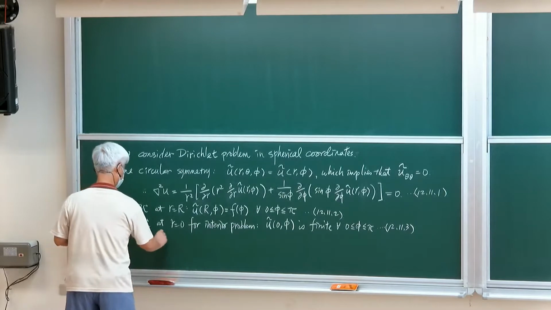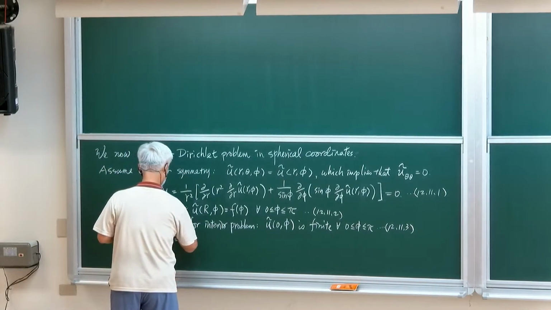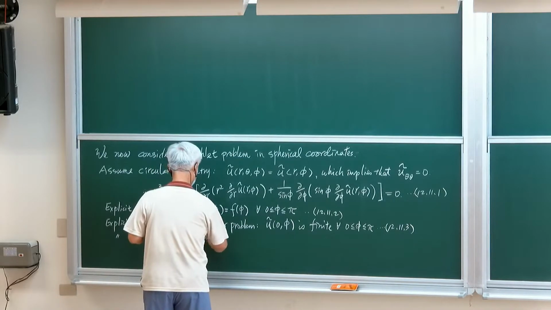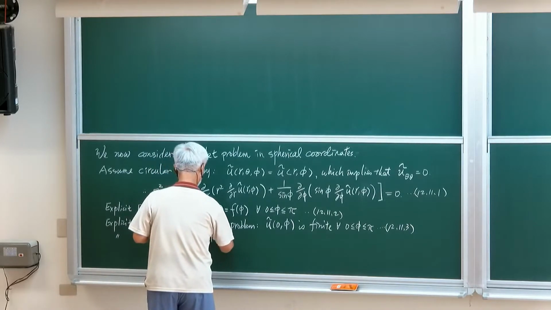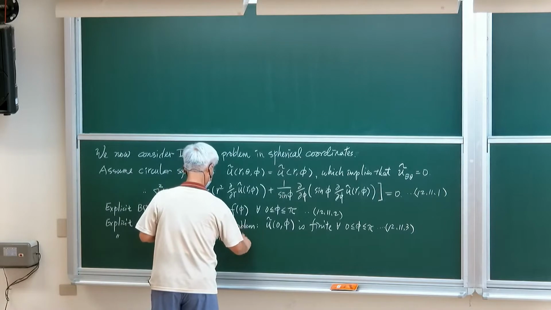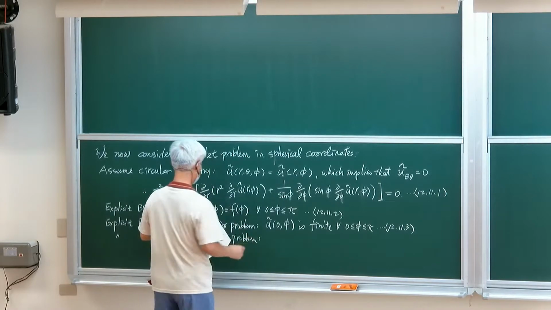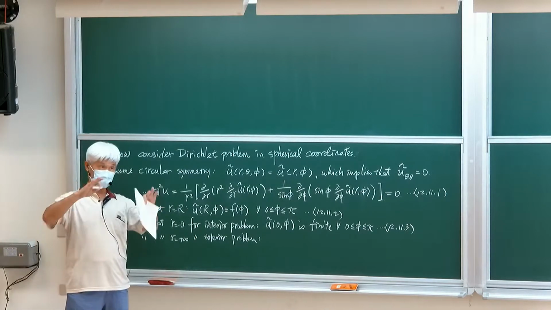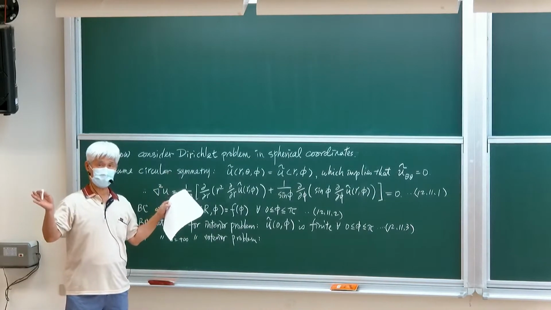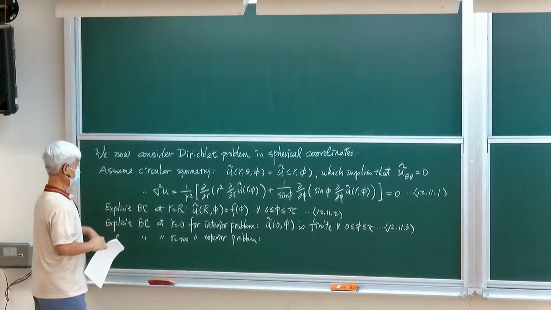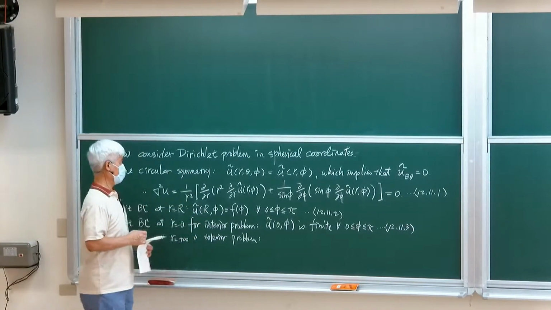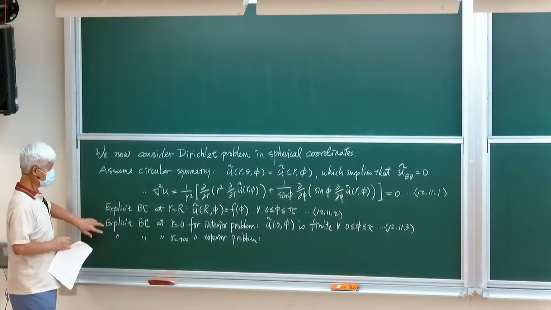And an explicit boundary condition at r equal to infinity for the exterior problem. The exterior problem is where we specify the potential outside of the sphere. The sphere has radius big R, right? So we have different kinds of problems.